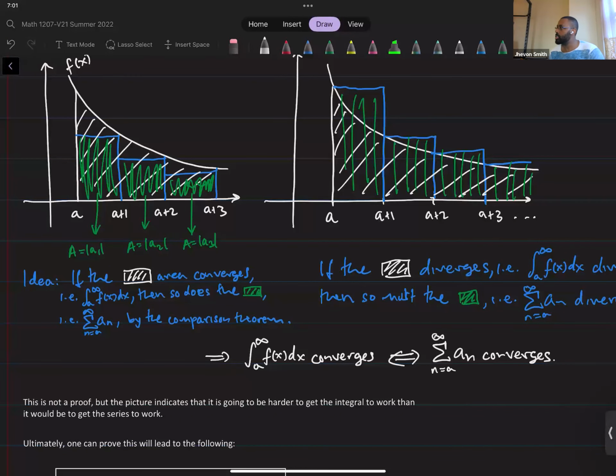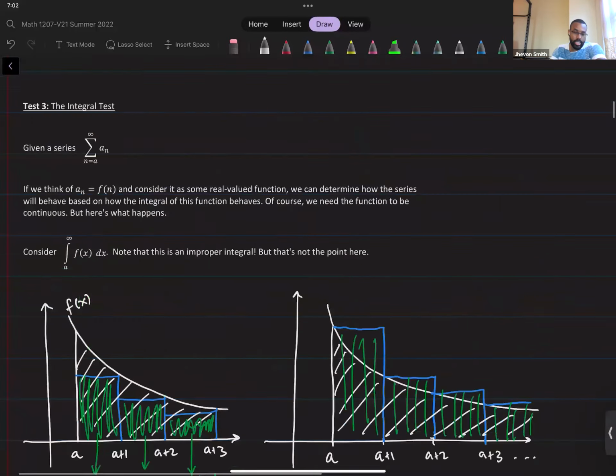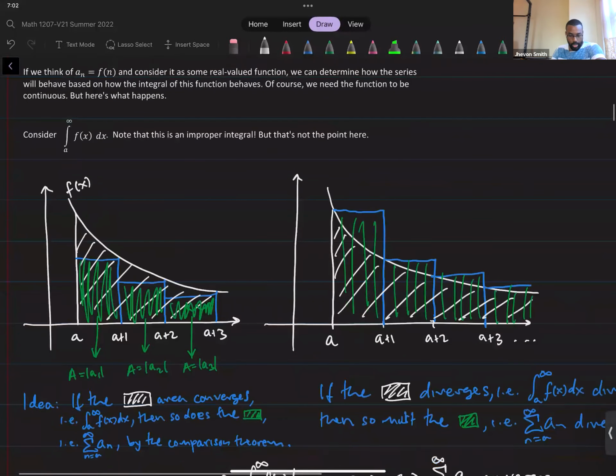And so you end up in this situation where you can actually tell what the series is going to do by looking at what the integral is going to do. So you can actually set up an improper integral, and we know how to solve for those now. And we can use that to determine whether a corresponding series will converge, provided that the series has certain conditions.